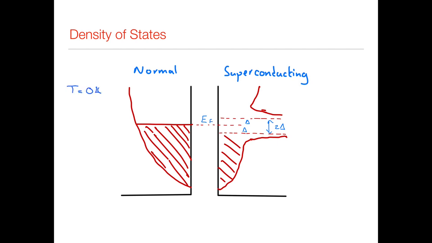But in the superconducting state, the electrons can bind together, and they can lower their energy. So there's actually a gap in the density of states, 2 delta, corresponding to the binding energy of these Cooper pairs.